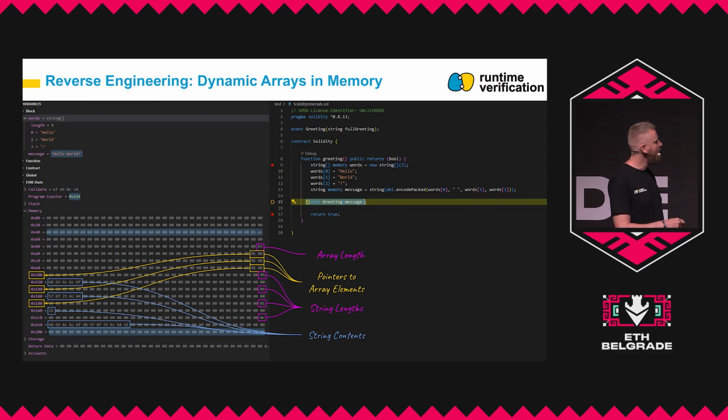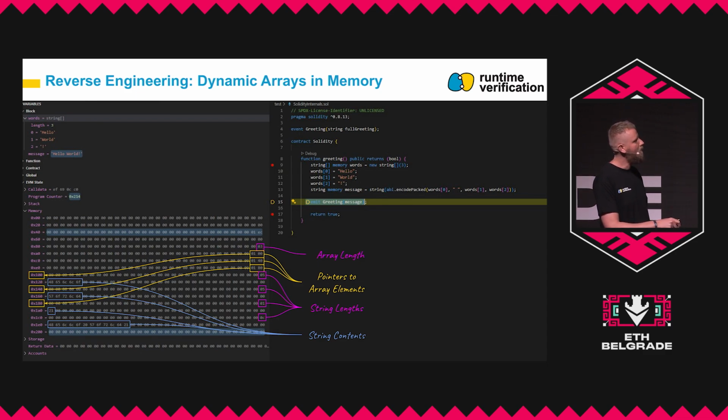If we look at this line, we will find at the end the length of the strings. So the string hello is 5 ASCII characters long, or bytes. String world, also 5 characters. String exclamation mark, 1 character long.